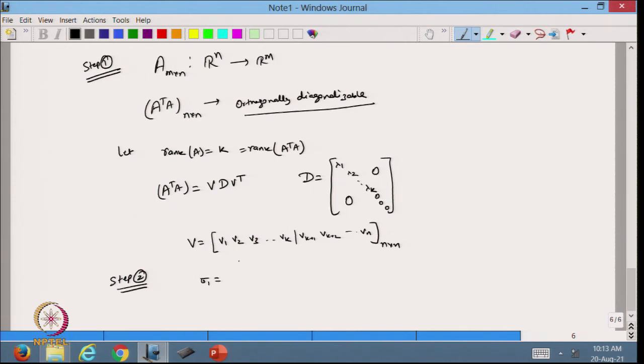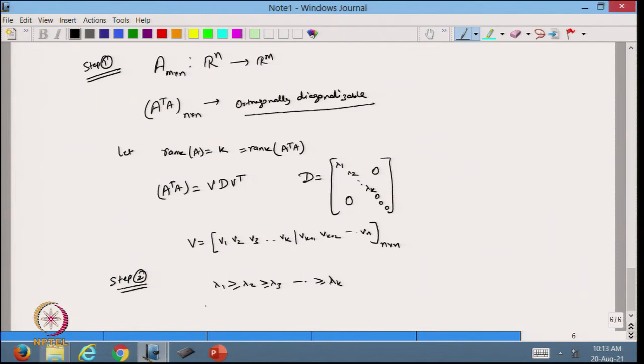First I will choose these eigenvalues and put them in order such that lambda 1 is greater than lambda 2 is greater than up to lambda k. So, I am taking the non-zero eigenvalues and putting them in order.